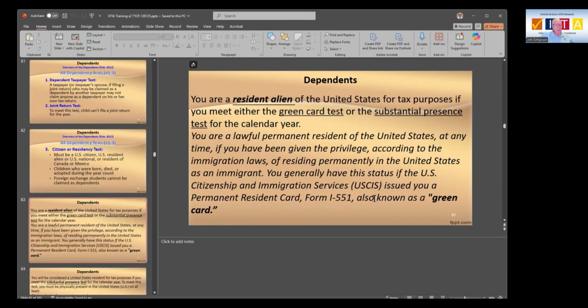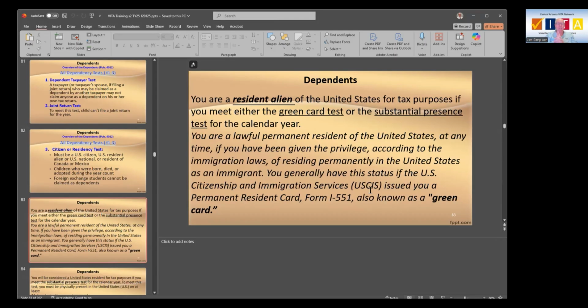A resident alien, this could get a little bit complicated, but I'm going to try to simplify it somewhat. You're a resident alien if you meet either the green card test or the substantial presence test. So if you've got a green card, you're called a resident alien. The substantial presence test is if you stayed here for a period of time.